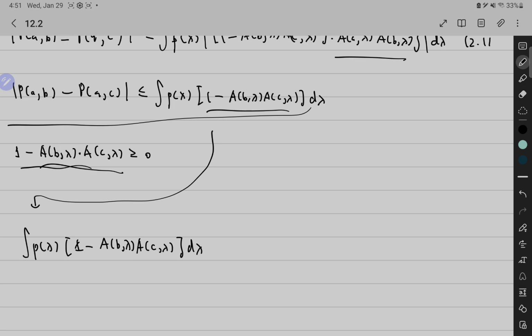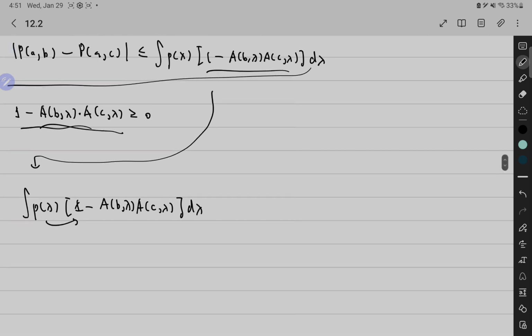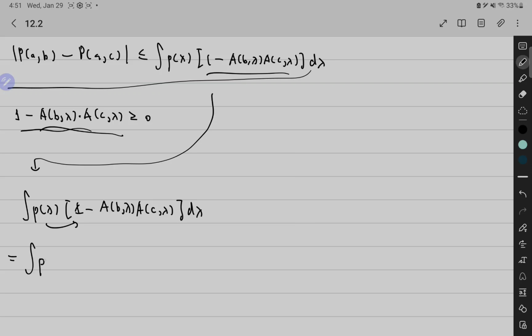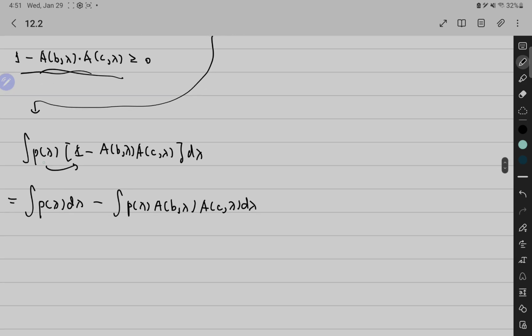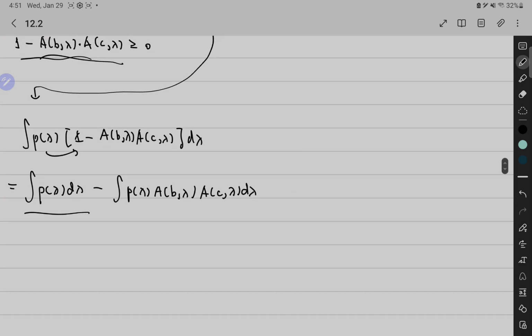The first step is that you can multiply ρ(λ) into the expression. So what you get now is the integral of ρ(λ) dλ minus the other integral. Remember, we're just doing some basic calculus here. There's nothing hard about any of this, right? We just move the ρ(λ) into it. Just like how we combined them into one before, now we're splitting it apart into two. And remember, due to the normalization property of the probability density function, this is just going to be equal to 1.